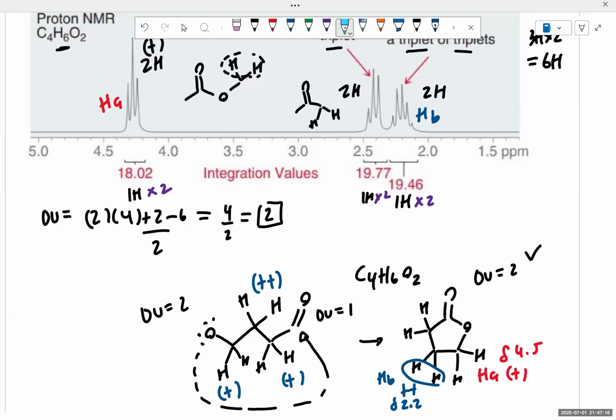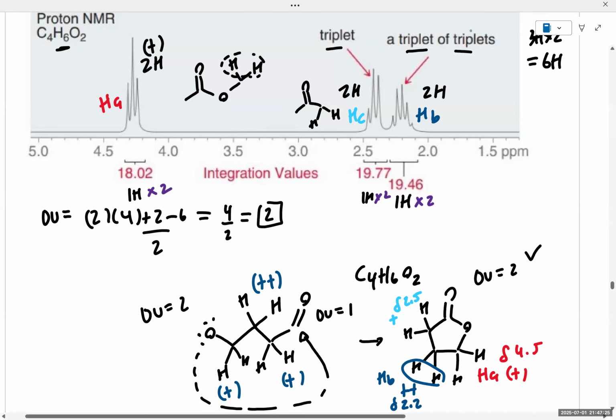And our last triplet with a chemical shift of around 2.5 matches this signal here. So as you can see, we drew out our fragments, we connected our fragments, and in this case, because the DU didn't match, we made a ring so that the DU that we calculated matched the DU for our structure.